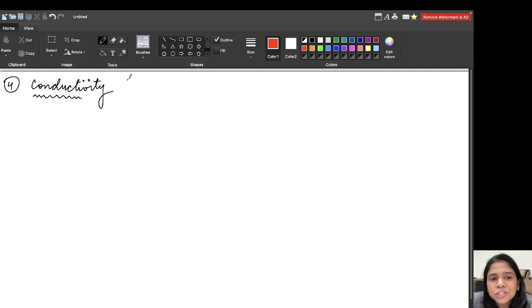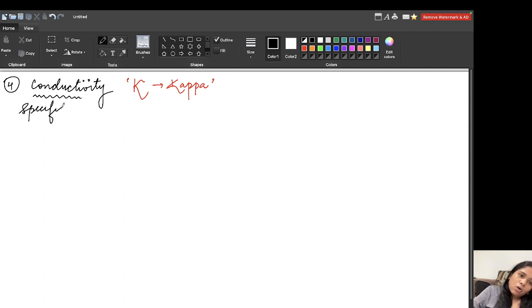Conductivity is written in a K fashion, and this symbol is called kappa. This conductivity is also called specific conductance. You can write it as conductivity or specific conductance. The previous one was specific resistance or resistivity. This is your conductivity or specific conductance.